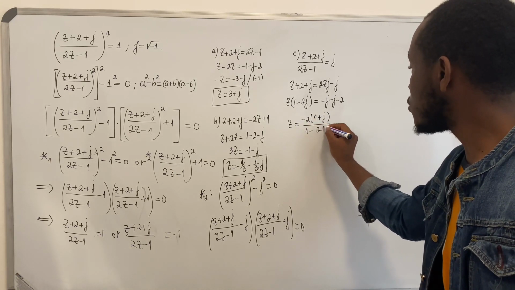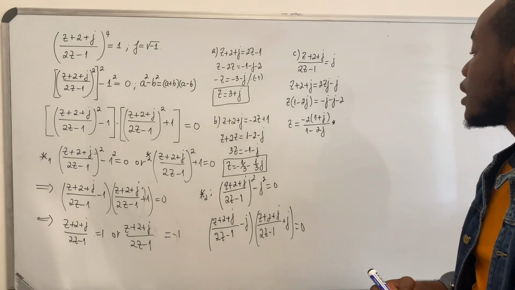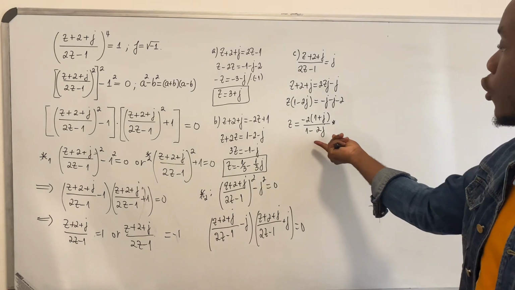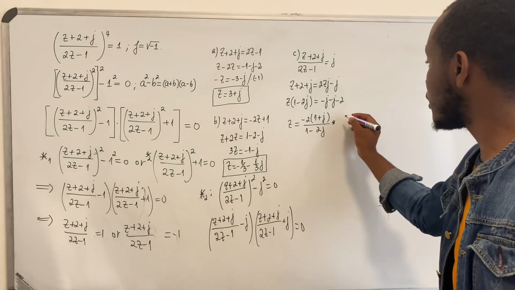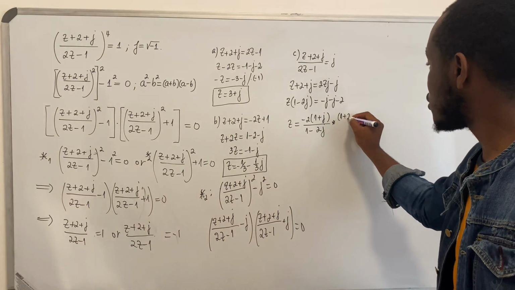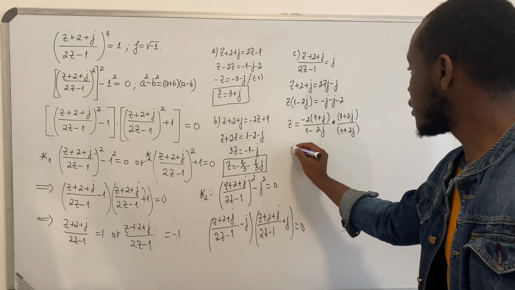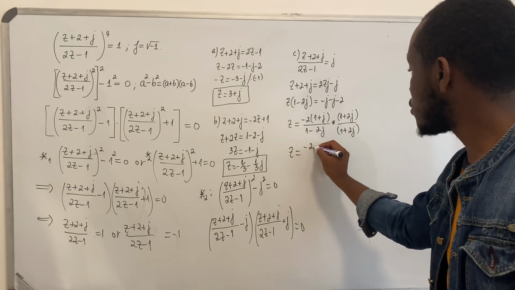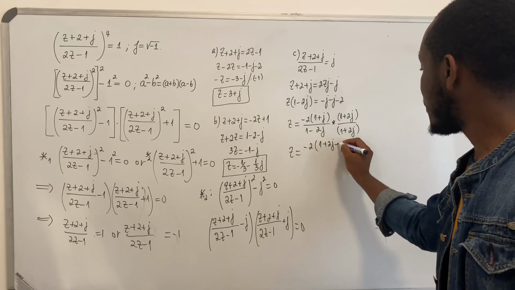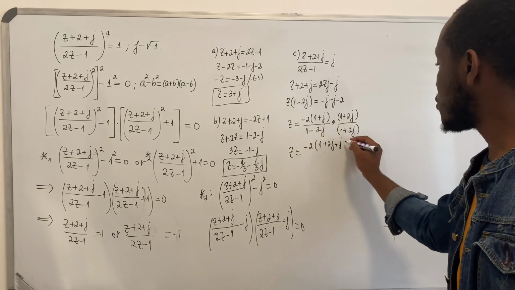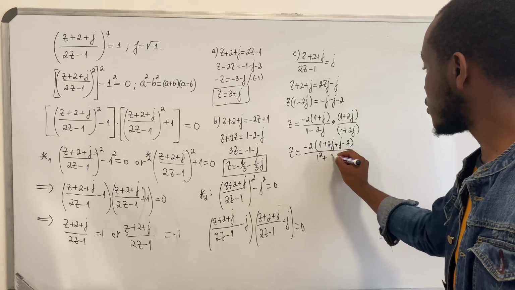over 1 minus 2j. So rationalizing it, we have to multiply by the conjugate of the denominator. So to multiply by the conjugate of the denominator, we're going to multiply by 1 plus 2j over 1 plus 2j. All right, so z will be equal to minus 2 times 1 plus 2j plus j, j times j squared, so minus 2 over, here will be 1 squared plus 2 squared.